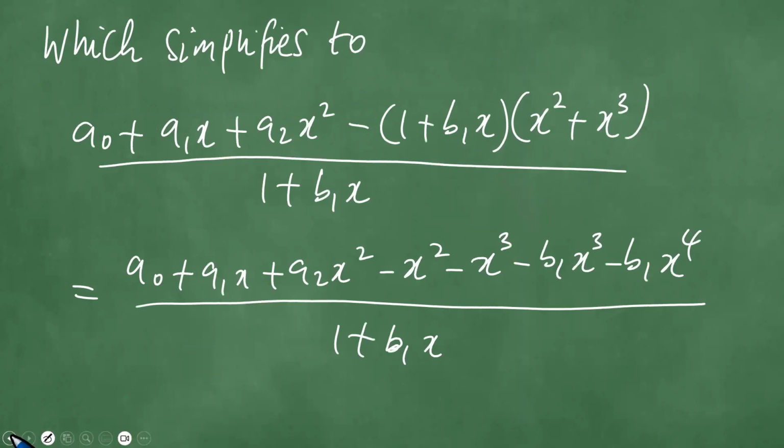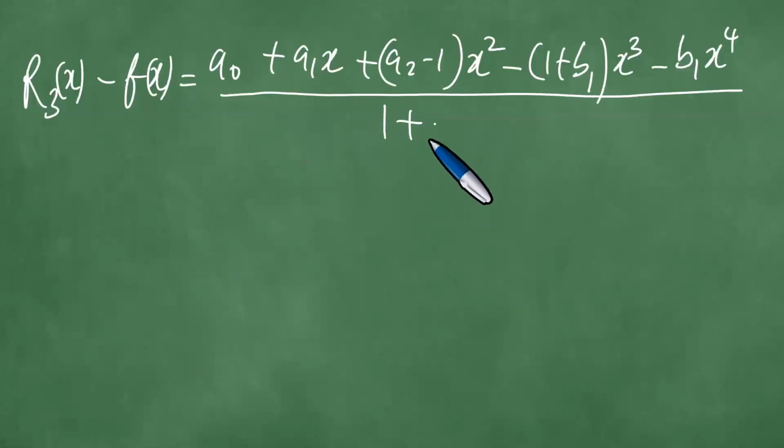Which is exactly the same as 1 plus b1x. Like this. To find the 4 unknown values, we write the following comment so that this can be remembered and one can know exactly what's happening here.